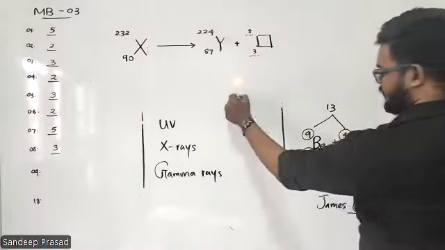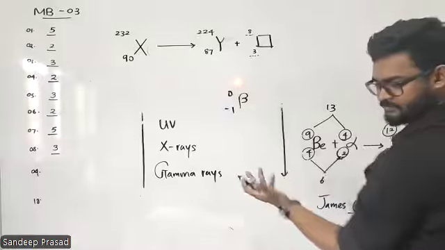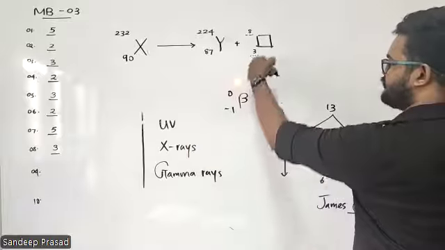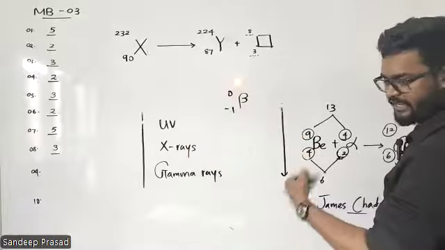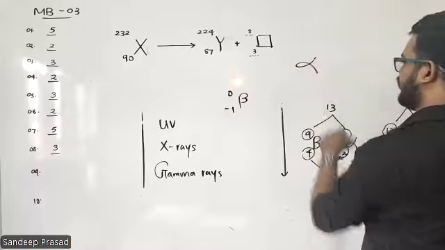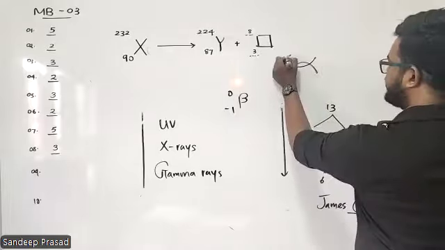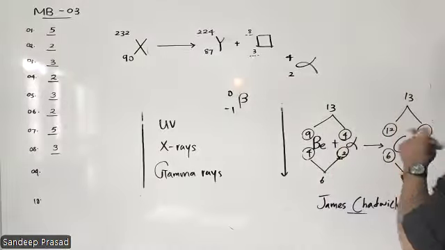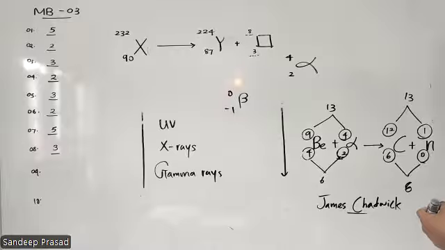Why? Because a beta particle means -1. If it is only beta particles, there should be a negative value, but it's not negative. Then definitely an alpha particle should be there. Can we take alpha particles alone? One alpha particle is 2, 4, but here we have 3, 4. Okay, and then there is an issue.